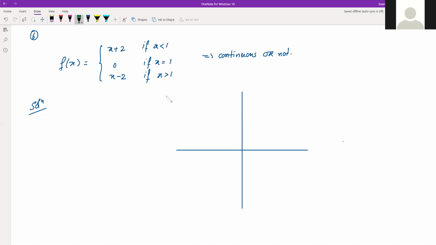At x equals minus 1, it will be 1. And at x equals minus 2, it will be 0.